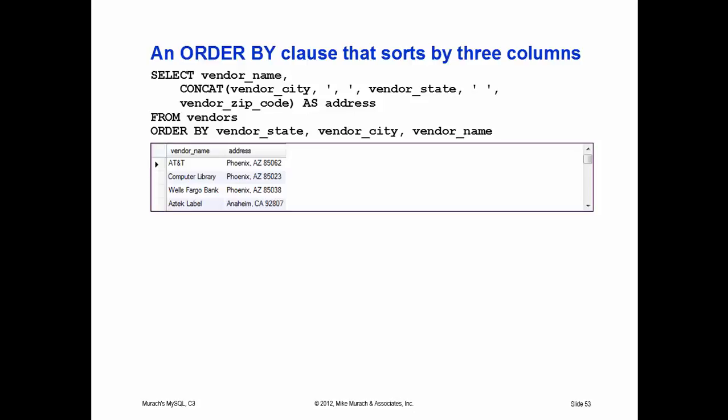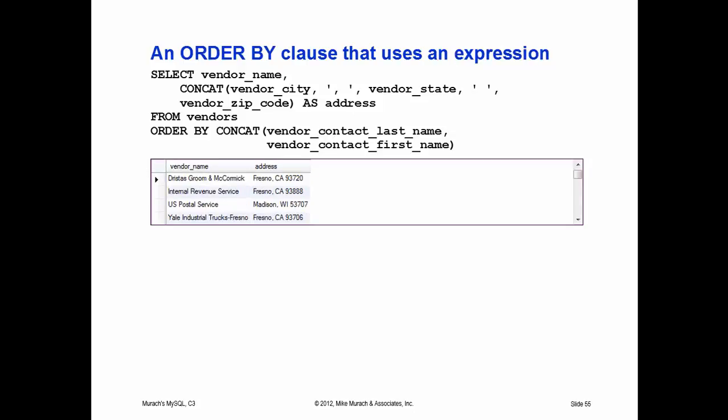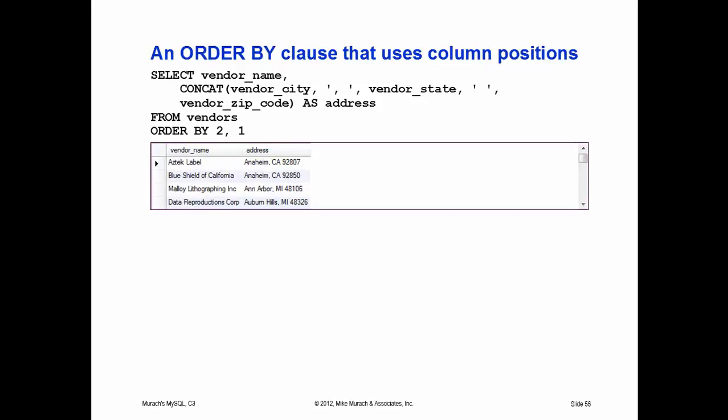So you'll notice that the first thing is the state, they're the same. Then the city, they're the same, so it has to be in ascending order based on vendor name. Again, there are multiple ways that you can do this. Notice they've added an alias in here. You can do this with expressions, so there's a lot of ways that you can write this stuff.